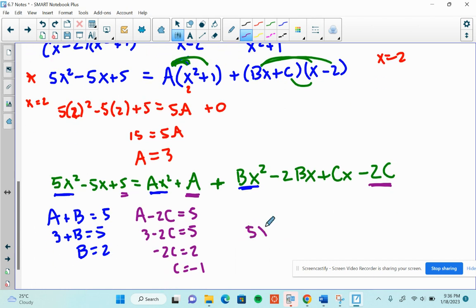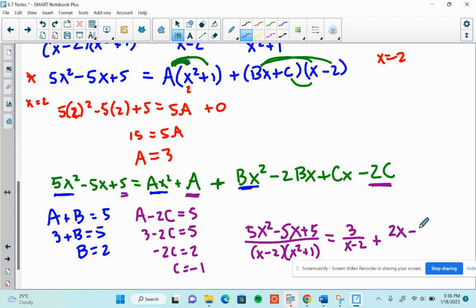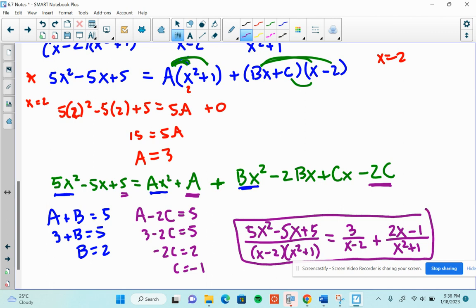You can see it on your paper. 5x squared minus 5x plus 5 over x minus 2 times x squared plus 1 has to equal a, which is 3, over x minus 2, plus bx plus c, replace the b with the 2, the c with the negative 1, over x squared plus 1, and that is our answer to this problem.